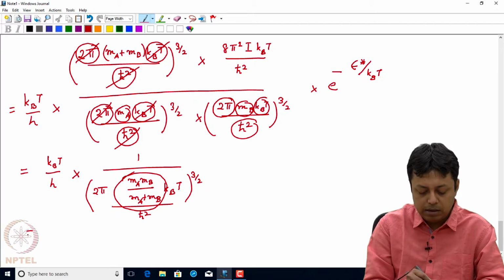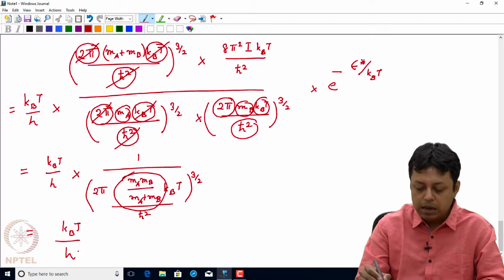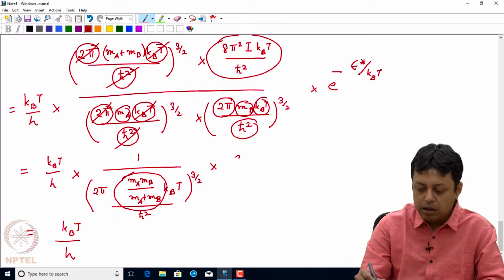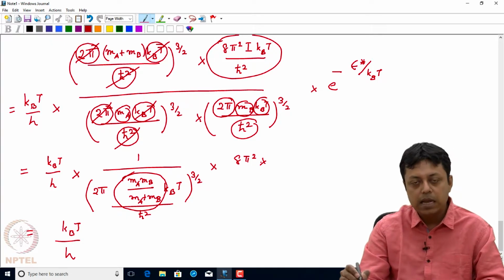So in the next line I will just replace it by the reduced mass mu. Now before we go there, I also have the rotational partition function, as you can see here. That is 8 pi squared, and then I. What is I? I is the moment of inertia. How do you define I?